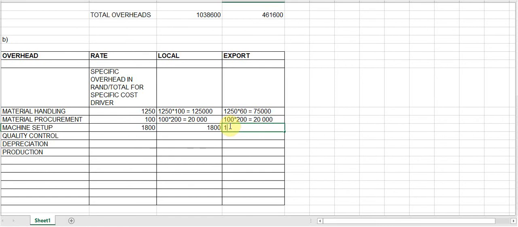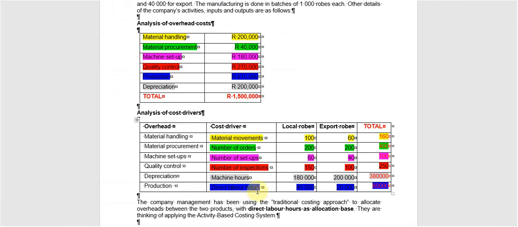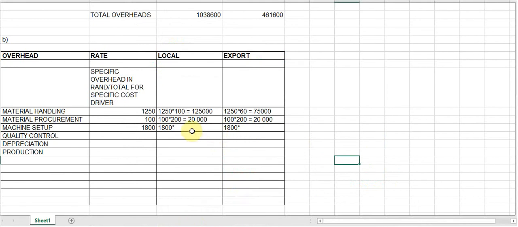So I'm copying the rate each time. And now I need to multiply by the cost driver of each of the products. If I look at the number of setups, it was 60 and 40 respectively. So I'm putting it in under the products. So there's 60 and there is 40.